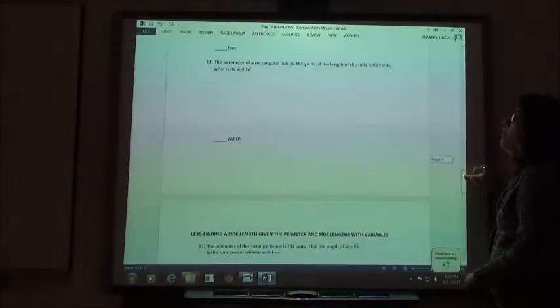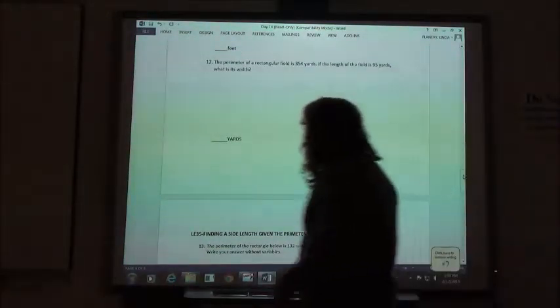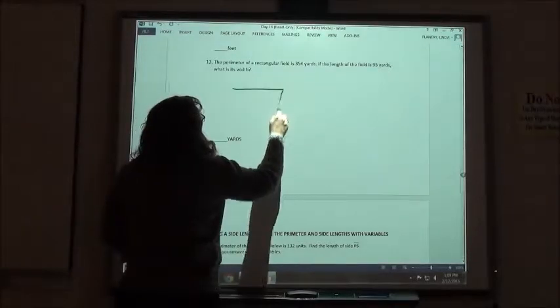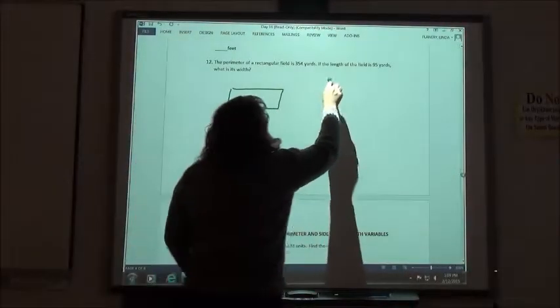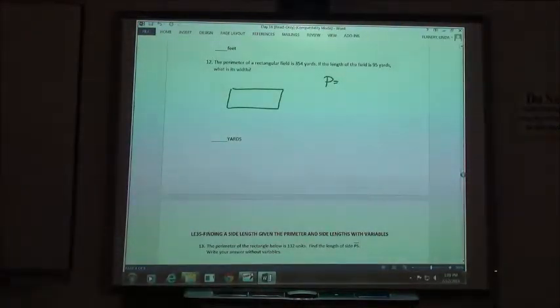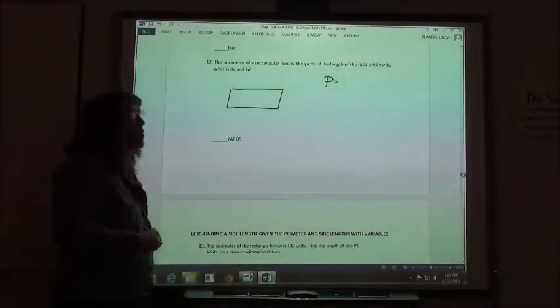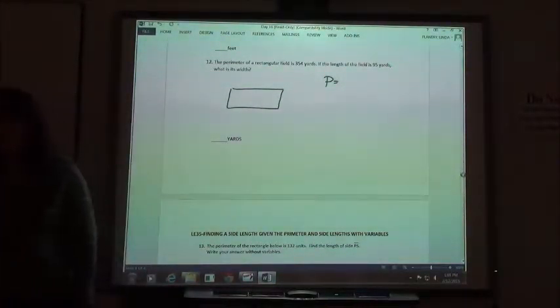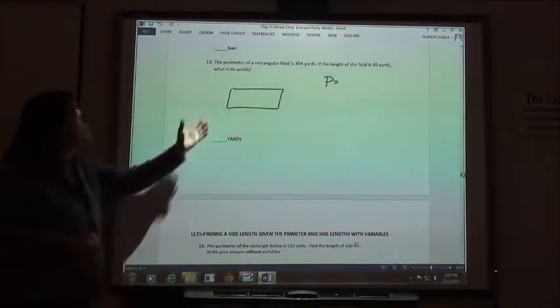Number 12. This time we're doing the perimeter of a rectangle. So what do we know about the formula for perimeter of a rectangle? I'd have to go back and look at my notes. Well, what do we know about a rectangle?